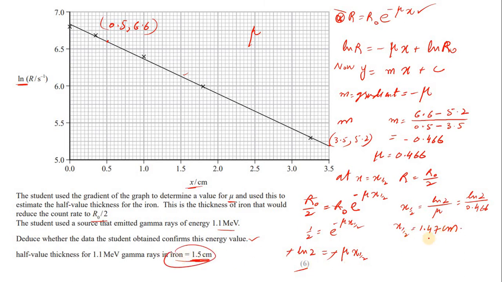Clearly this is 1.5, and this is 1.47. So yes, the data confirms the energy value of the gamma radiation. You can write comments here.